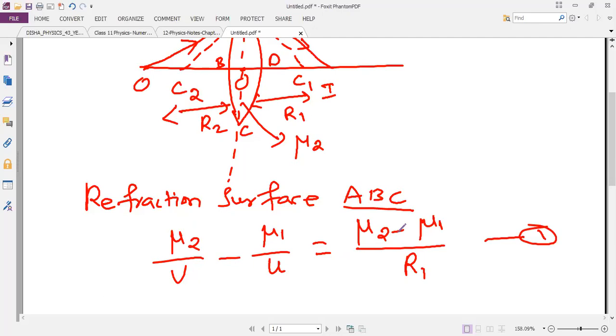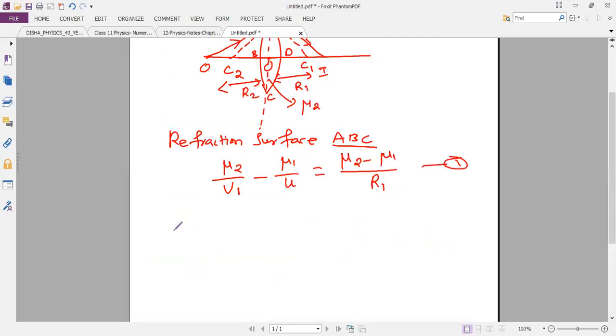Next, this is image v1, refractive index mu2 minus mu1. Next, the refraction at surface ADC.